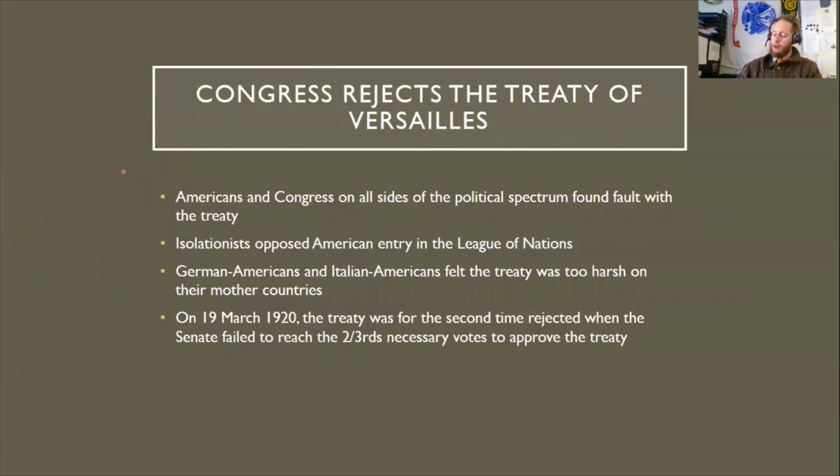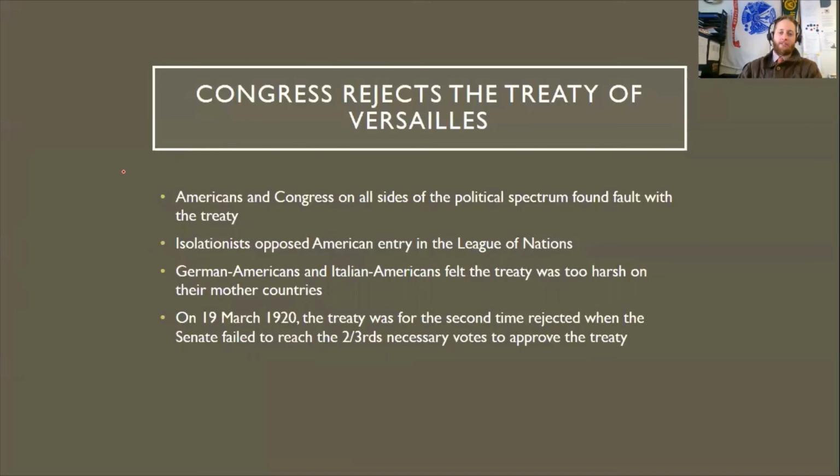So Woodrow Wilson is helping to negotiate this treaty. He makes a couple trips back and forth to help deal with Congress. Unfortunately, Woodrow Wilson's idea of the League of Nations is not as popular in the United States as it is in his own mind.